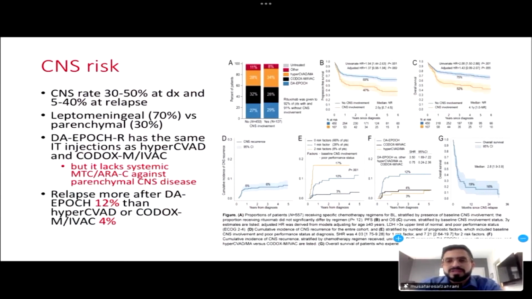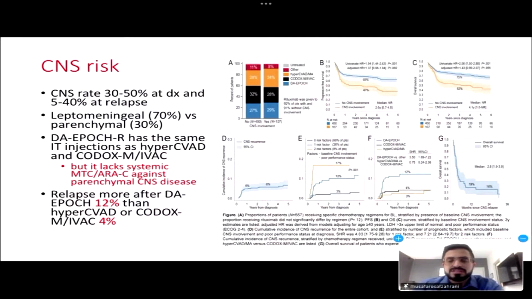The majority of cases, 70%, present with leptomeningeal disease. Hence, IT chemotherapy becomes important. But 30% actually have parenchymal disease, where IT usually has less of a role.